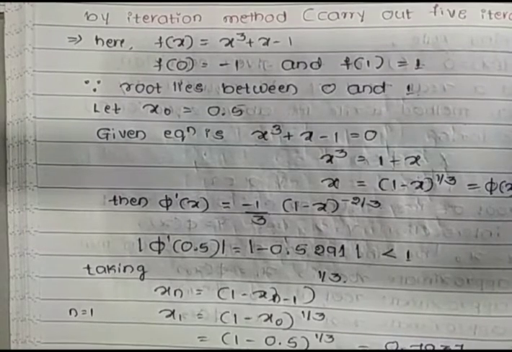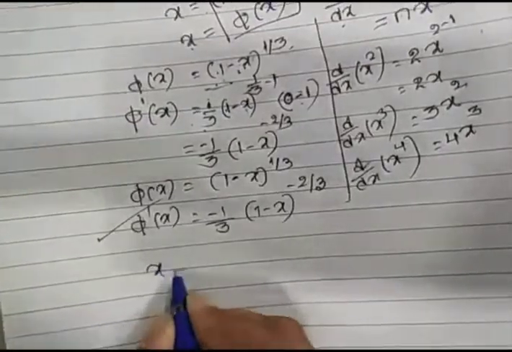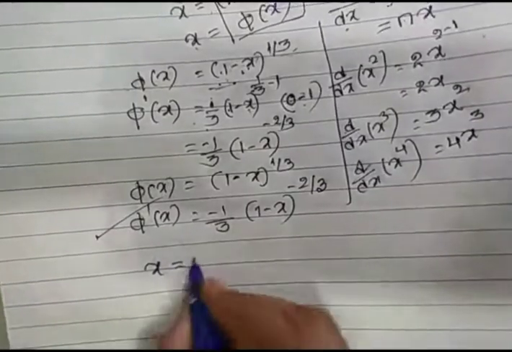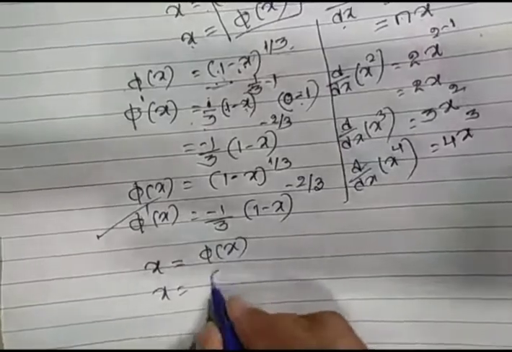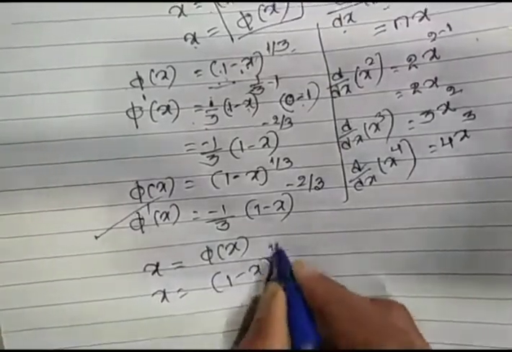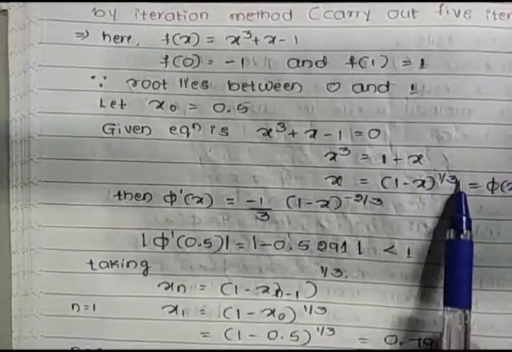What equation have we got here? We have got x is equal to phi of x, and the phi of x value is (1 minus x) raised to 1 by 3. So x is equal to (1 minus x) raised to 1 by 3.